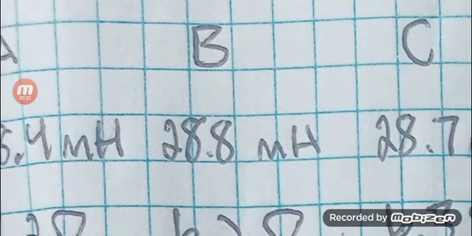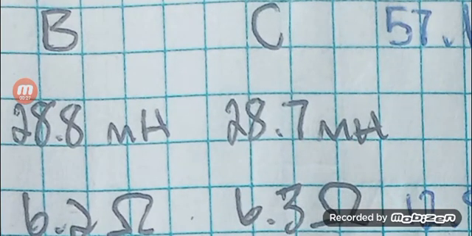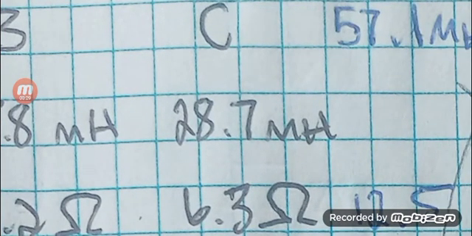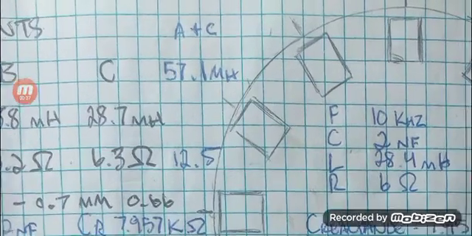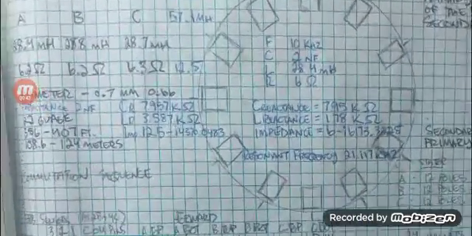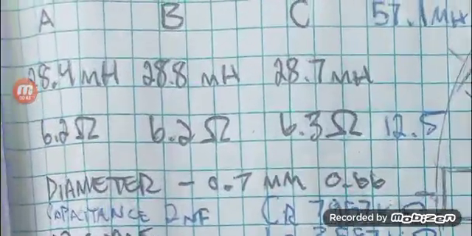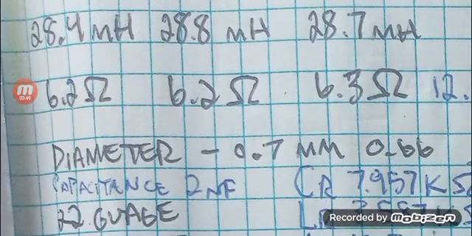The impedance of phase B is 28.8 millihenries, and C is 28.7 millihenries. From phase to phase, A to C, we'd have 57.1 millihenries. And in ohms, that's 6.2 ohms, basically, for all three phases.